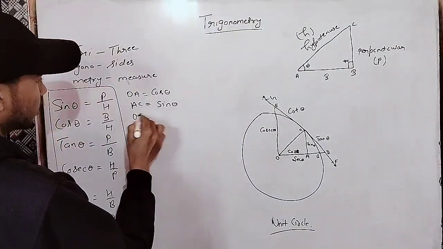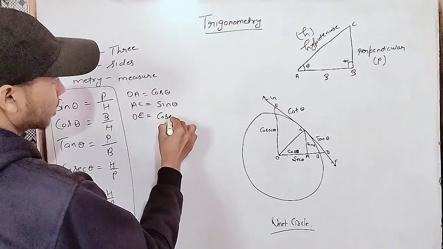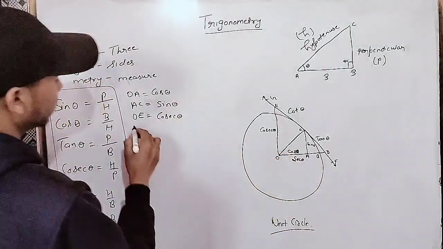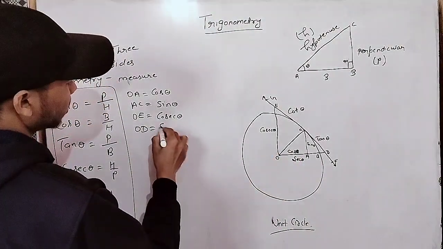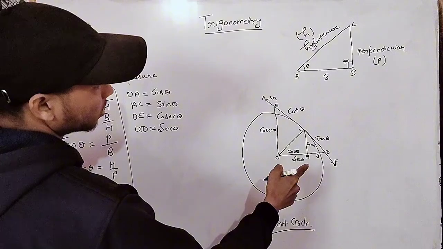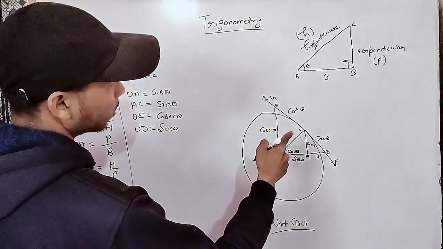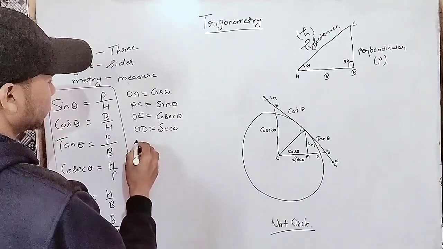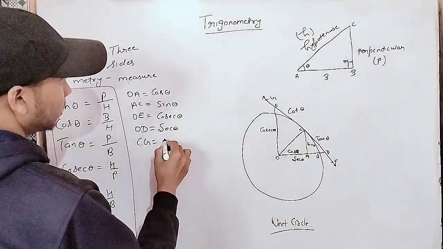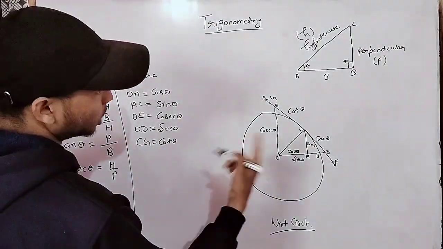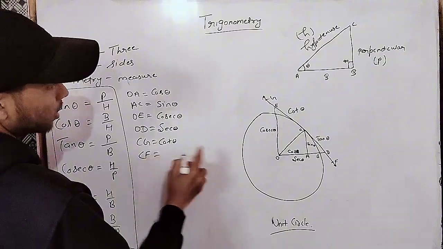OE is cosec and OD is sec. Then clear? Yeah, four ratios. Now C to G. C to G is cot and C to F is tan.